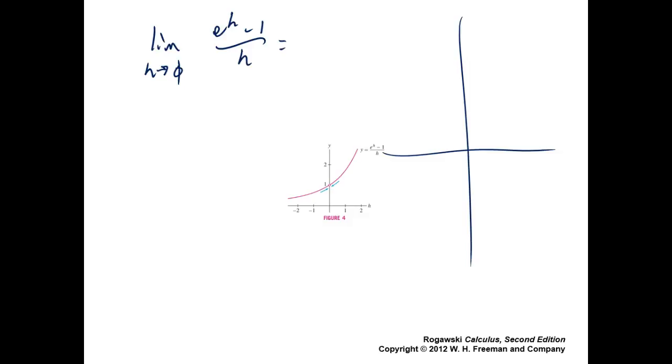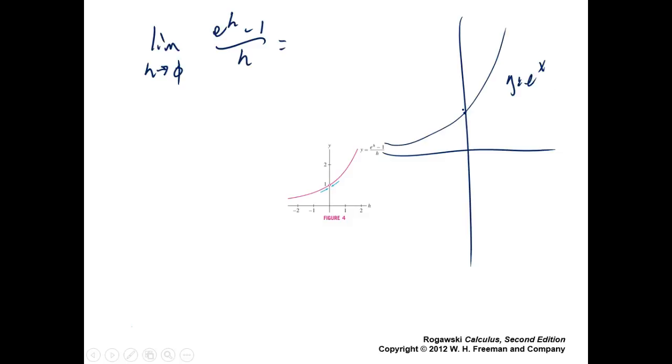In fact, now that I look at this, something seems a little off to me. Oh, no, I guess that's right. This is the graph of y equals e to the h. That's what y equals e to the x would look like. At 0, it's 1.